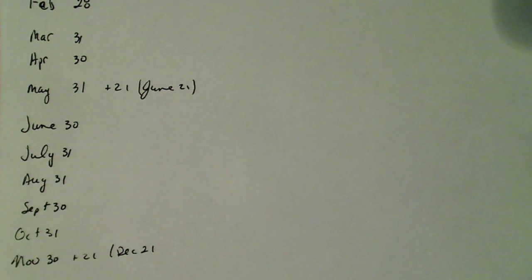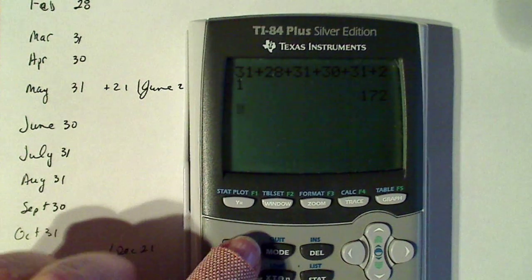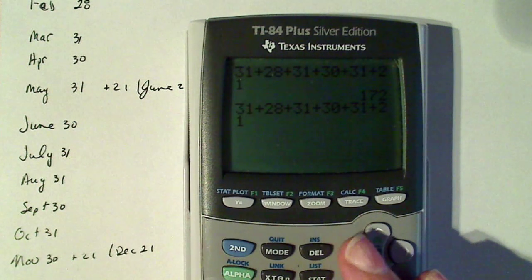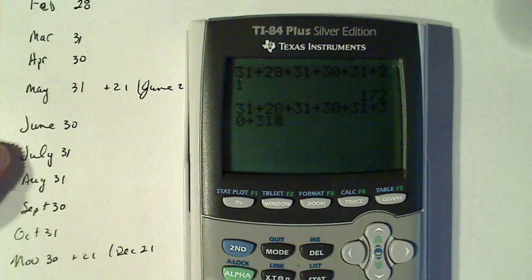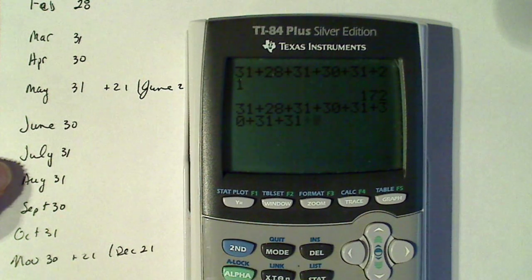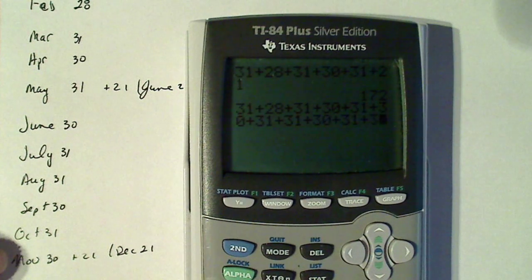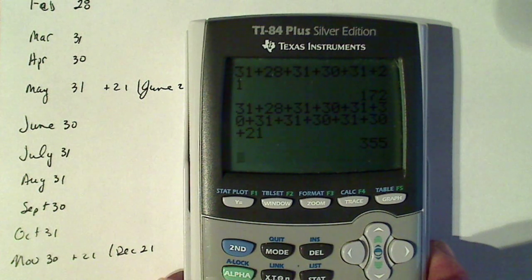Students always want to spend the shortest amount of time working, so on the calculator I press second enter to get the previous line, and I take off the 21. I put in June 30 plus 31 plus 31 plus 30 plus 31 plus 30 plus 21. That's 355. So December 21st is 355 days away.